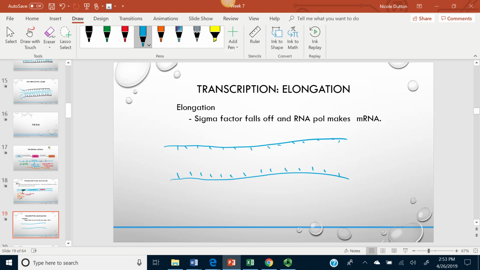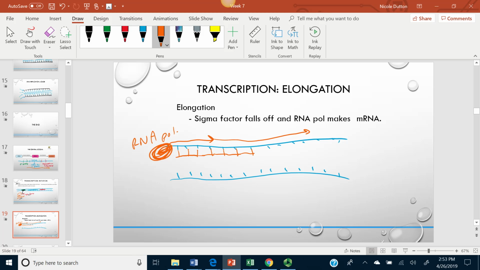Sigma factor falls off, and RNA polymerase, which I'll abbreviate RNA pol, begins to make a messenger RNA copy of the DNA. So RNA polymerase will go down this strand, and as it goes down the strand, it will copy the DNA.